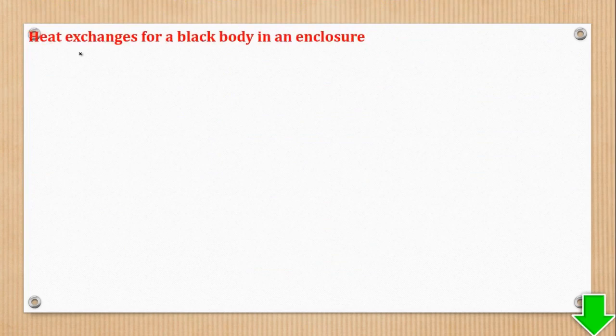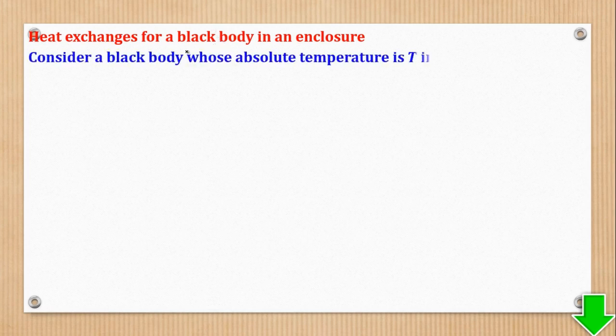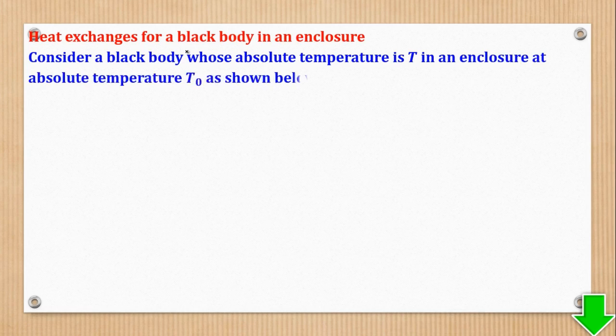Okay, now that we have seen the expression for power radiated, let's go to heat exchanges for a black body in an enclosure. So here we shall consider a black body whose absolute temperature is capital T in an enclosure at absolute temperature T0. So T0 is the temperature of the enclosure and T is the temperature of the black body. So we shall illustrate it.